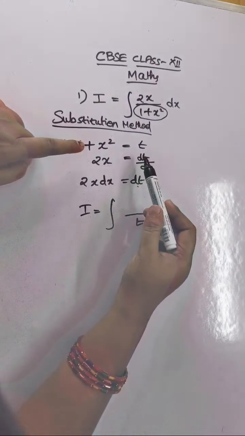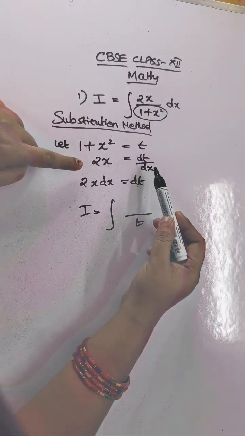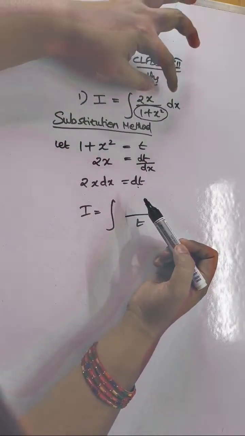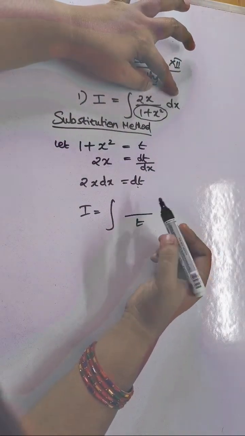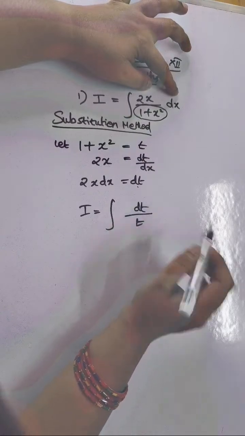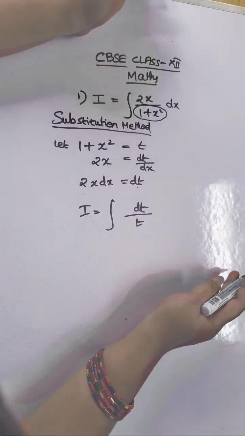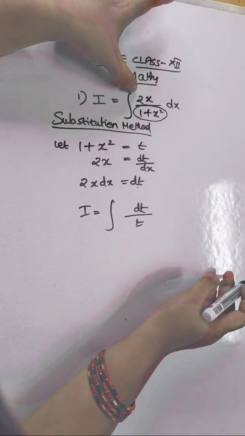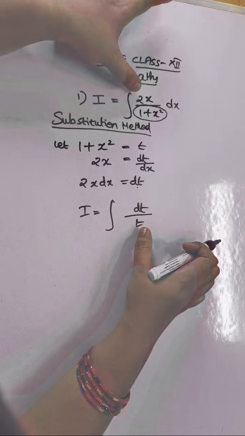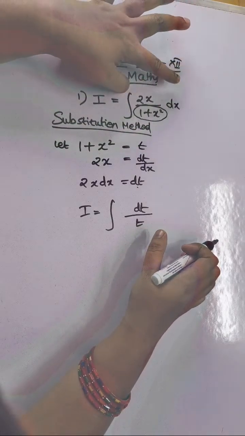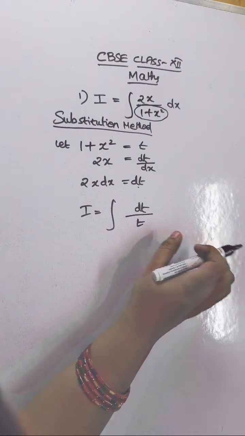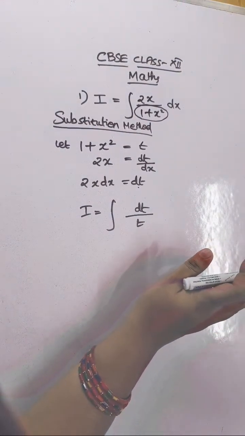Because it comes from our assumption, we have found the derivative, and we are replacing 2x dx as dt. So completely we have expressed the given equation in the form of t and dt. This is the substitution method.